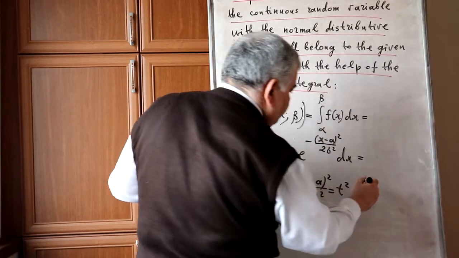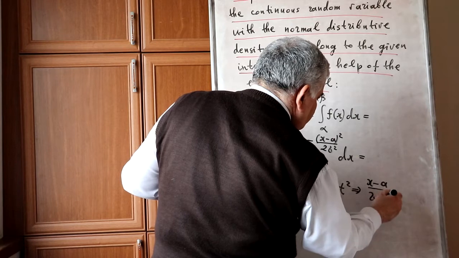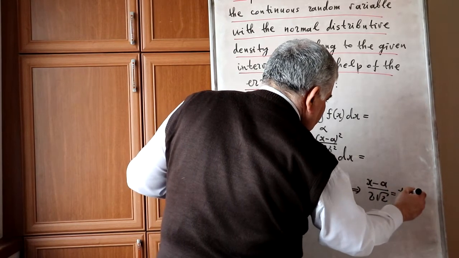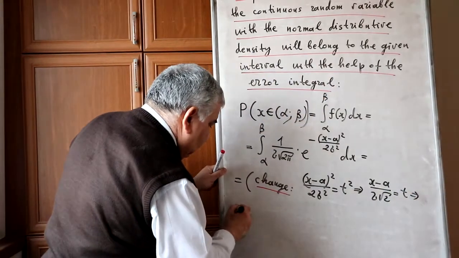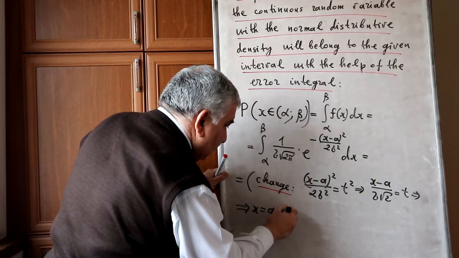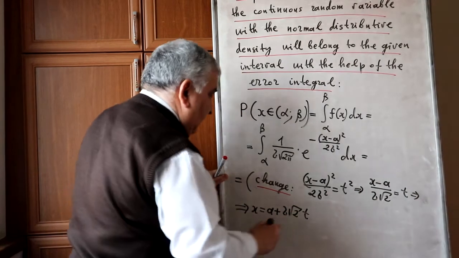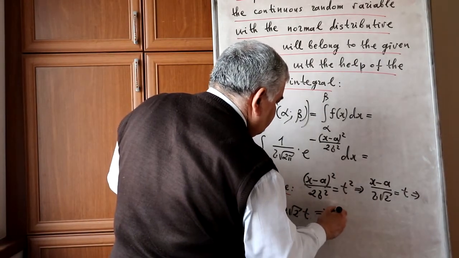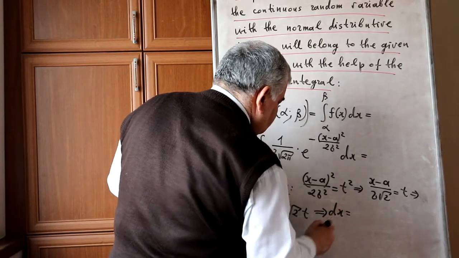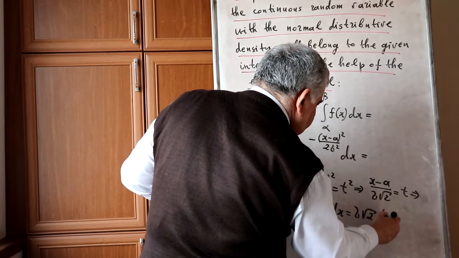Therefore, (x minus a) over sigma square root of 2 is t. Then from here x is a plus sigma square root of 2 t, and dx is sigma square root of 2 dt.